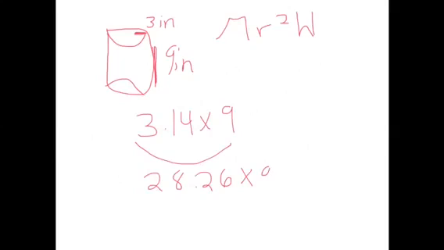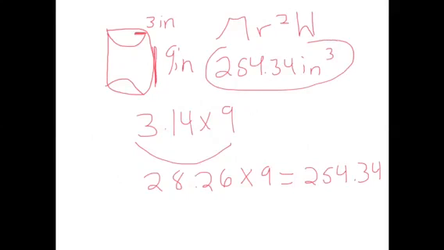So we multiply the product times 9, and we will get 254.34. And of course now we have cubed with its volume, so let's do 254.34 inches cubed. And that is the volume of our wonderful Campbell's chicken noodle soup.